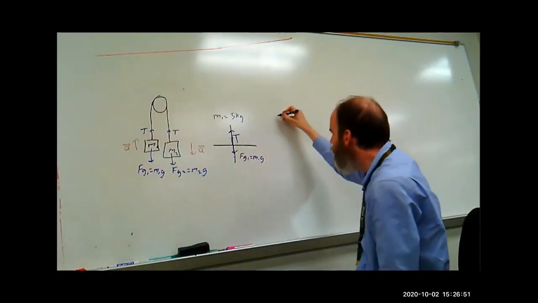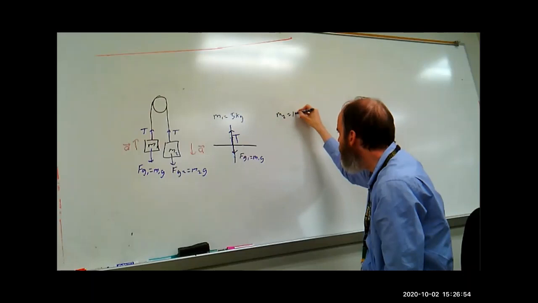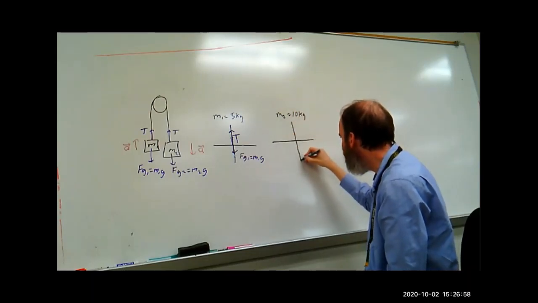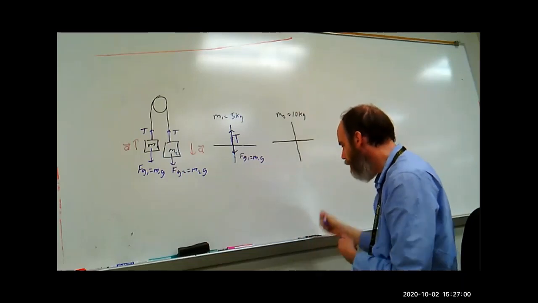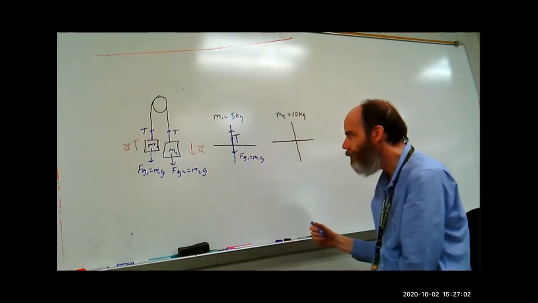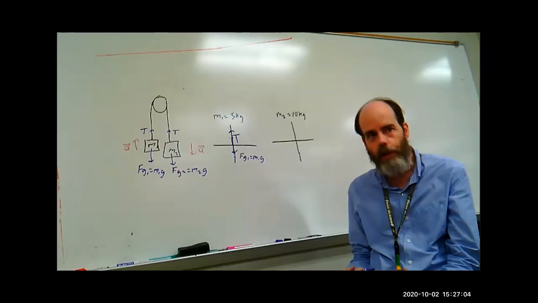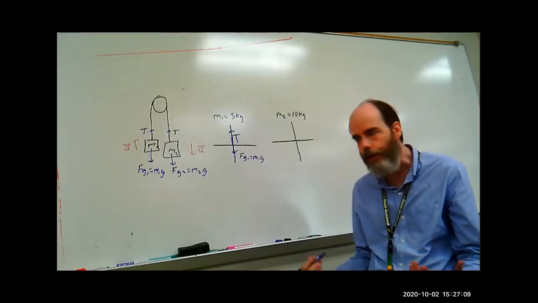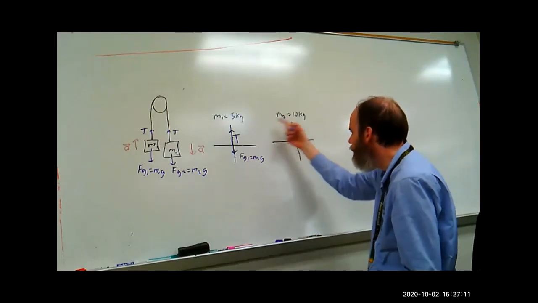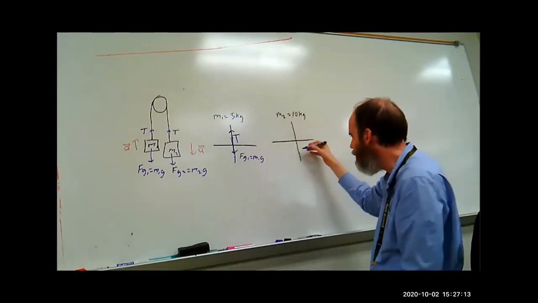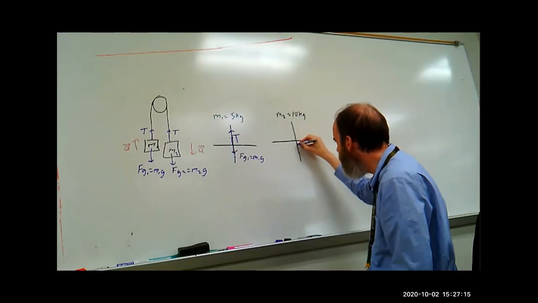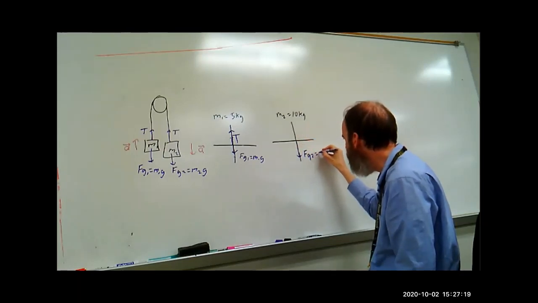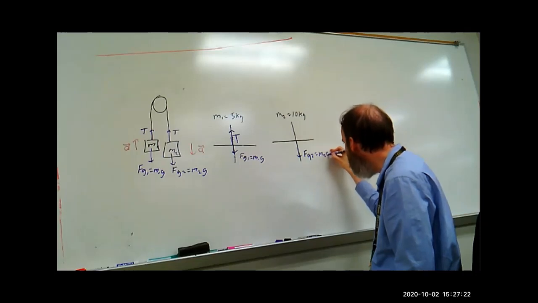Now for mass M2. M2 is 10 kilograms. So this one, we got the force of gravity 2, which is M2G, which is going to be twice as large as M1G, because the mass is twice as large. So I'm going to try to make it twice the size. So this is Fg2 equals M2G.